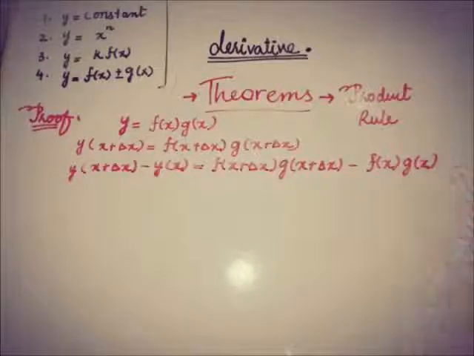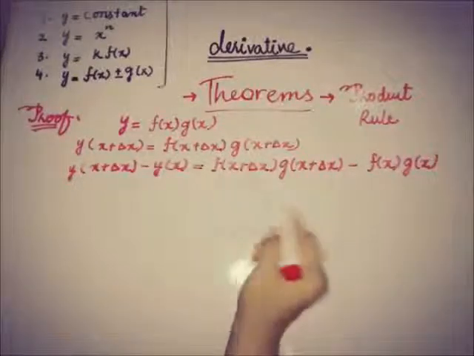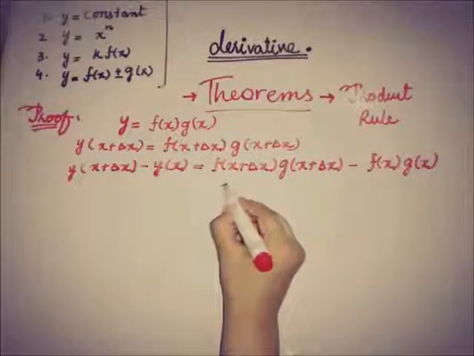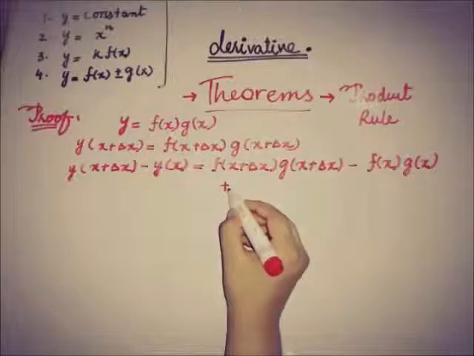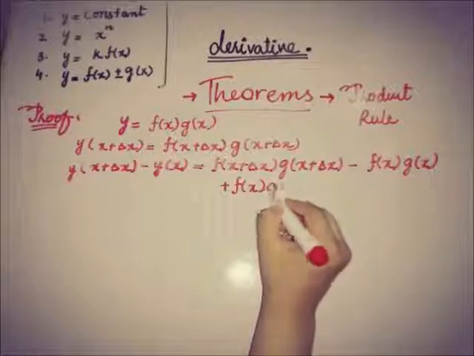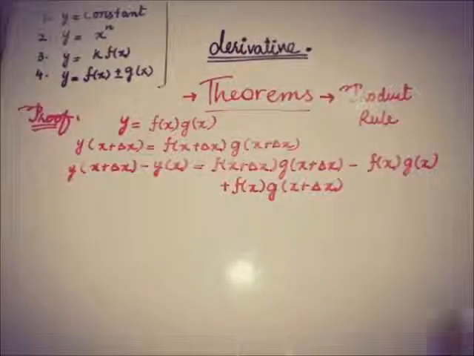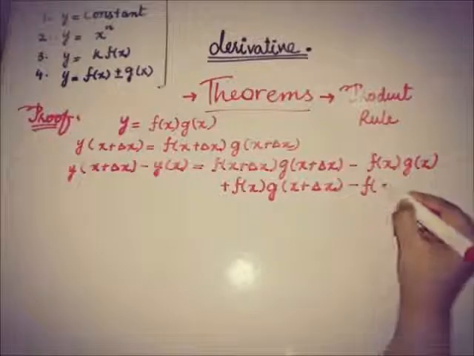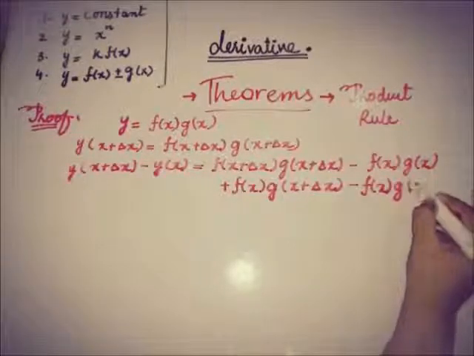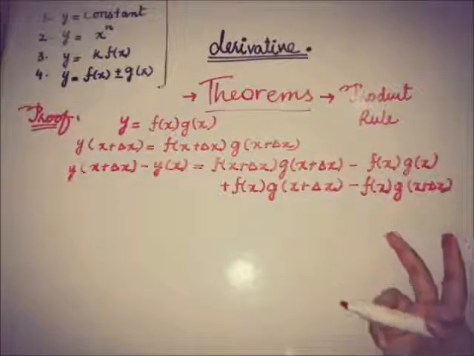Now we have to add and subtract a factor. In this term we have to add and subtract f of x g of x plus change in x in order to make a factor of 2.